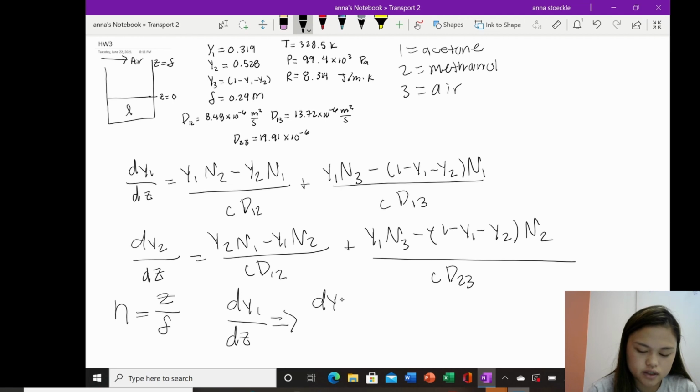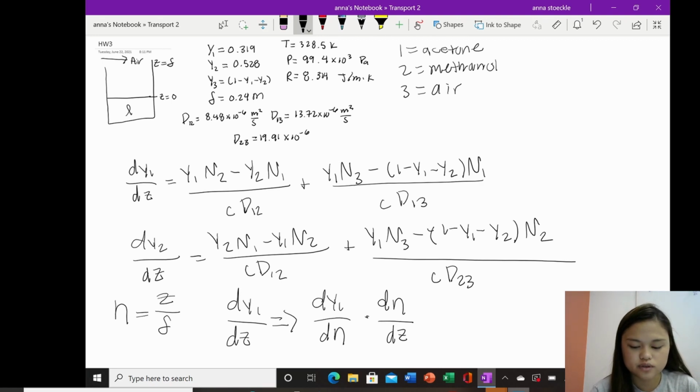So here's that change in mole fraction for acetone with respect to distance. But we're going to use that new eta, and multiply it by the change in eta with respect to that distance z.